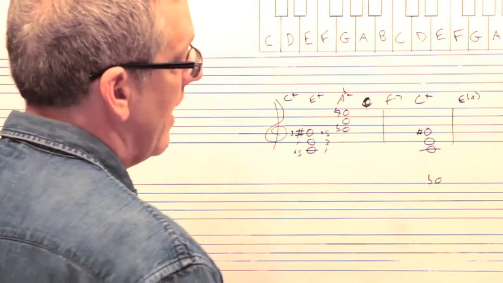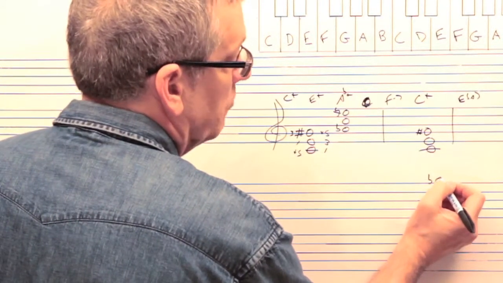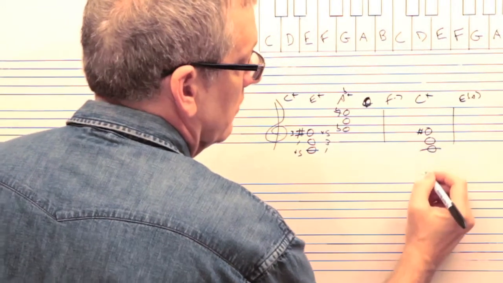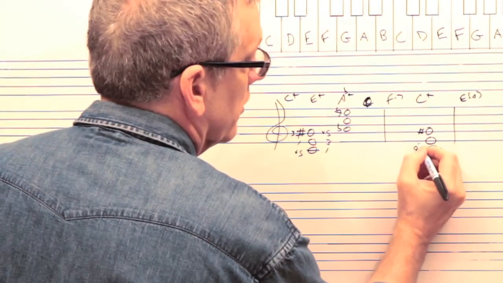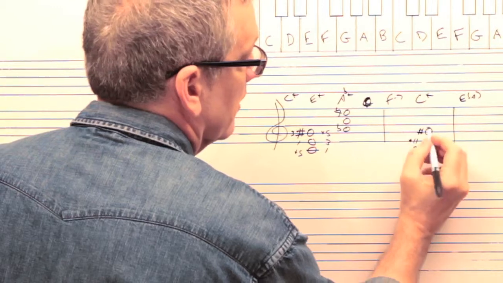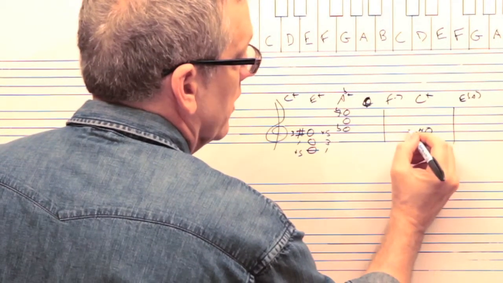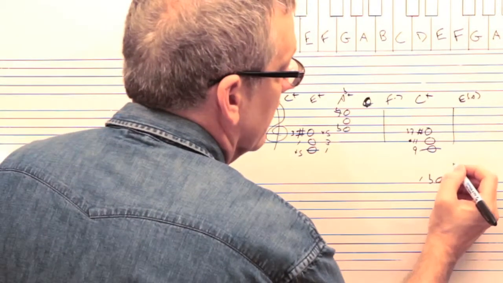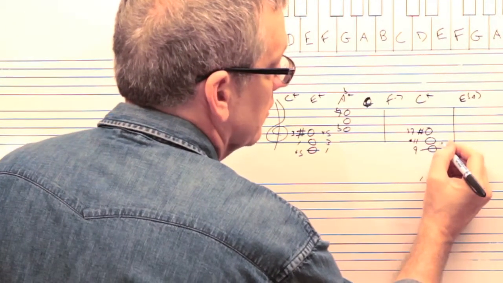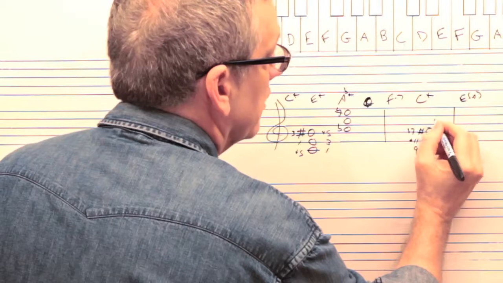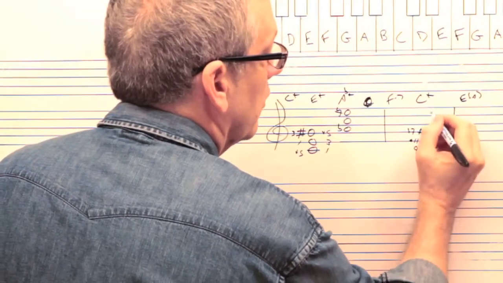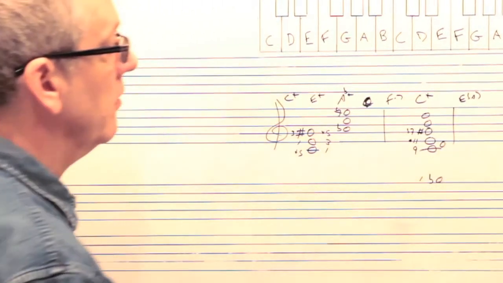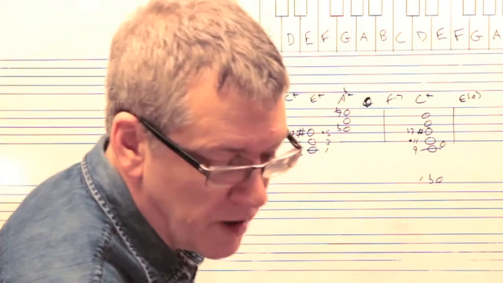Now what we have is the root, the 9, the plus 11, and the G sharp is our flat 7. The only thing we're missing is a third. We could go up to here and stick a B flat there, or we could stick a third in there. But you get the drift.